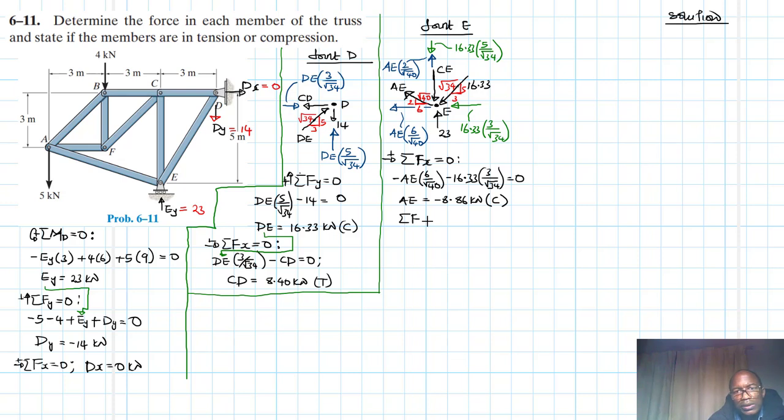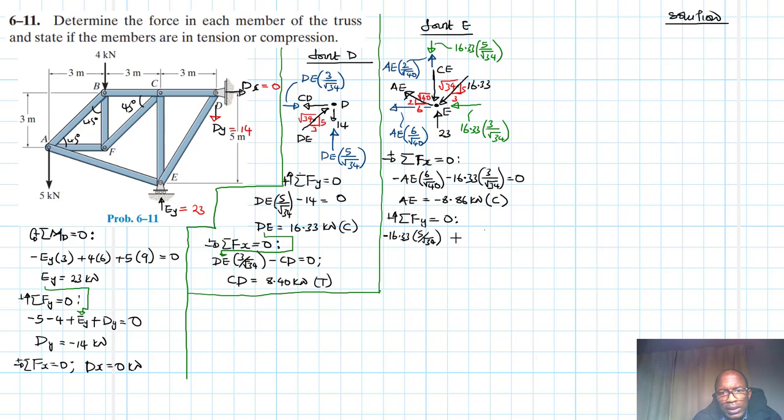Summation of forces in the y direction equal to 0, going up in our reference. So we have summation of forces in the y. So what do we have? We have 16.33 times 5 divided by root of 34, which is minus.